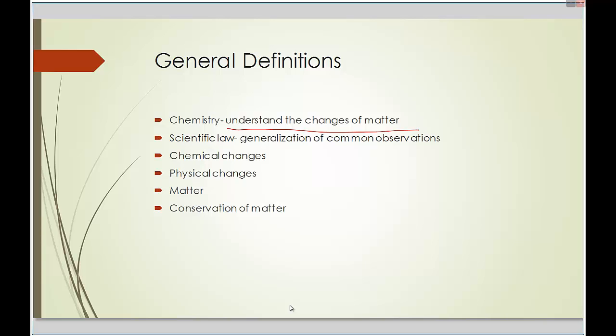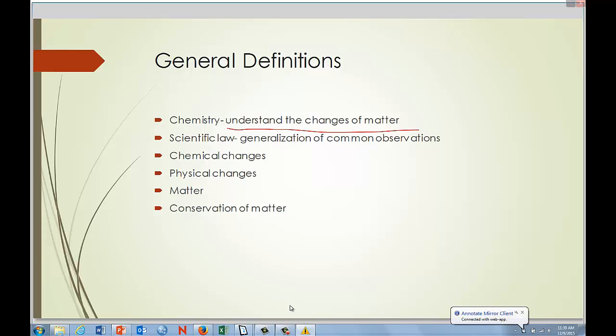You can't prove it right, you can only prove it wrong. So the scientific law is a general observation. Scientific theory is the explanation behind it.